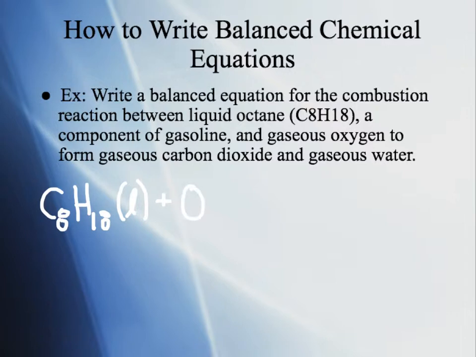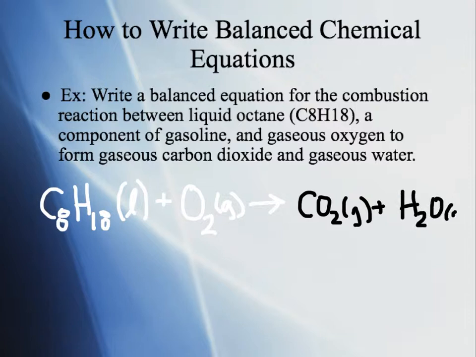Remember, oxygen is a diatomic gas, so it's not by itself. It's always written with a subscript 2, and it's a gas, so we put a G next to it. These two things react to form gaseous carbon dioxide, CO2, and gaseous water, H2O.